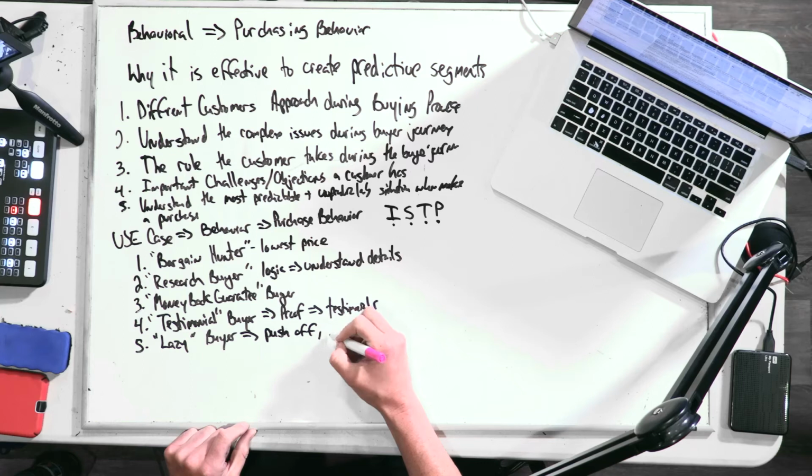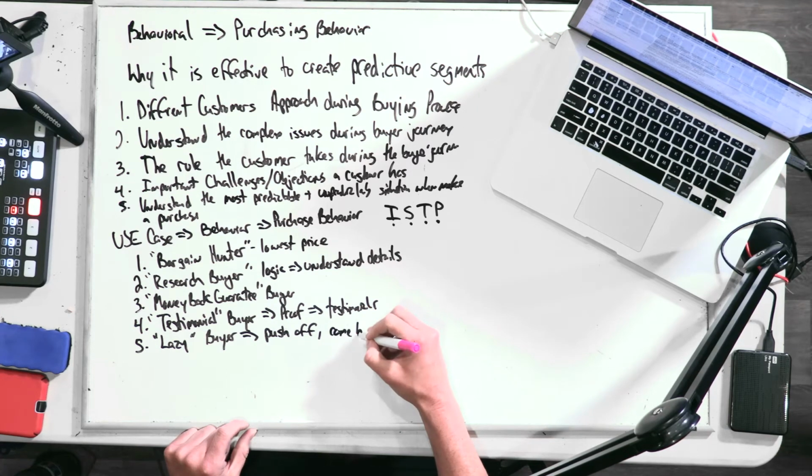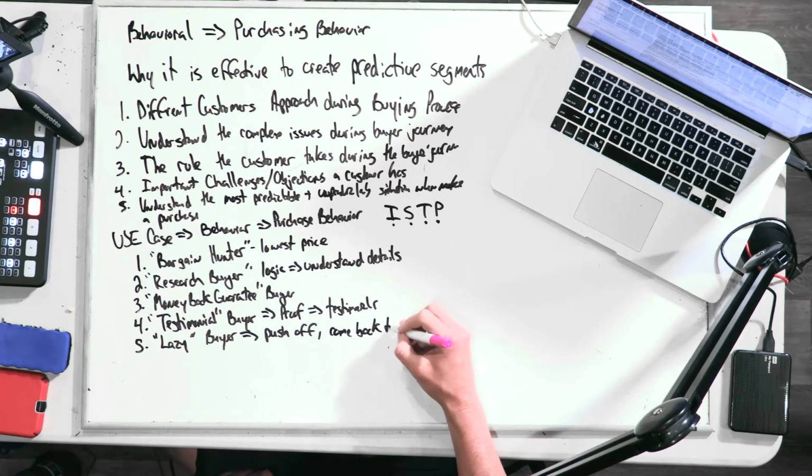They'll say, I'll come back and do it another time. I'll do it later. I'll do it later. And they keep pushing it off, right? Push off, come back to it at another time, thinking it's always going to be there.